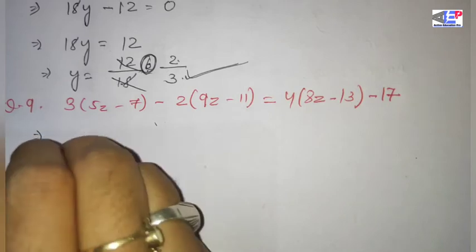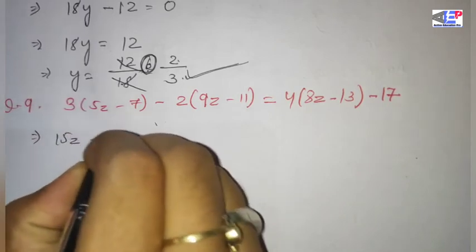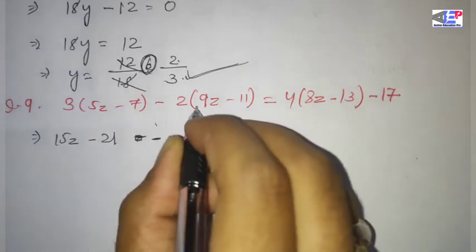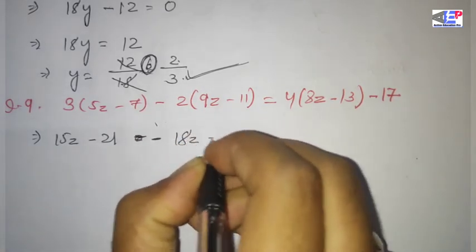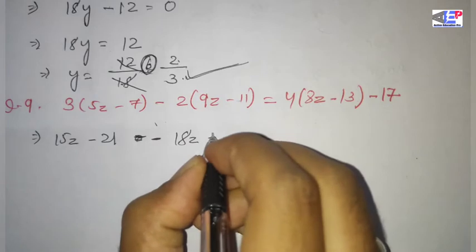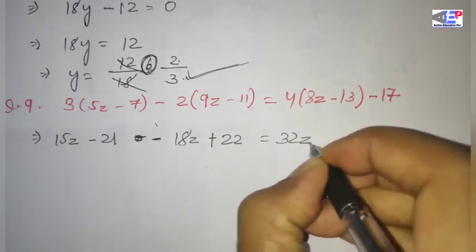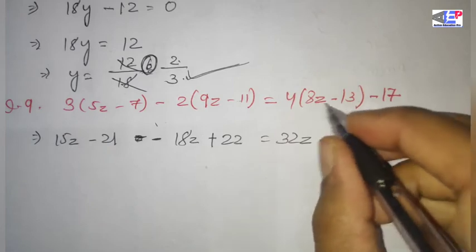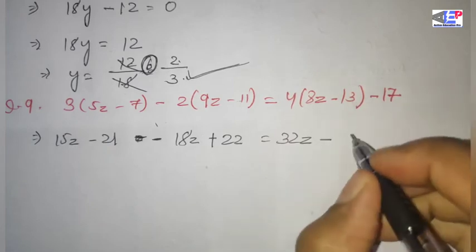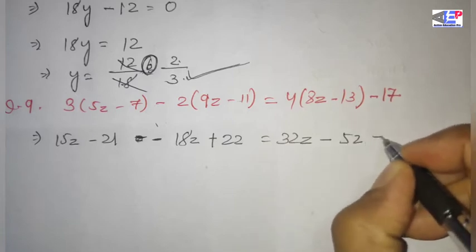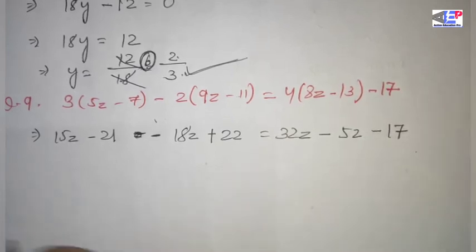3 times 5z will be 15z, minus 21, minus 2 into 9z is 18z, minus 2 with minus 11 will be plus 22, then 32z minus 13 times 4 is 52 minus 17.